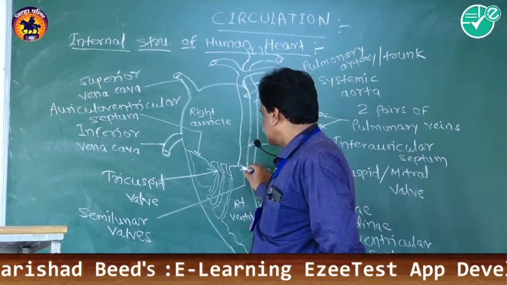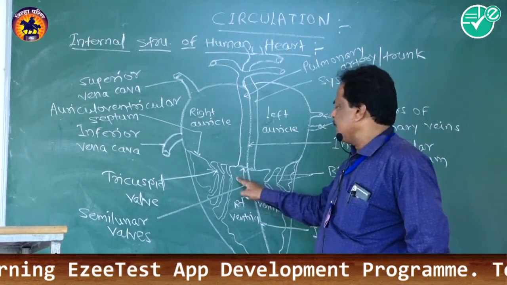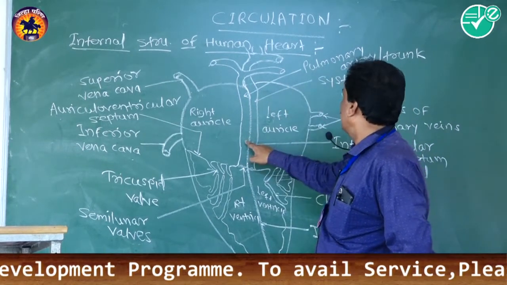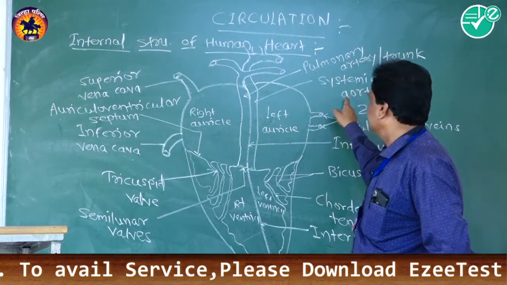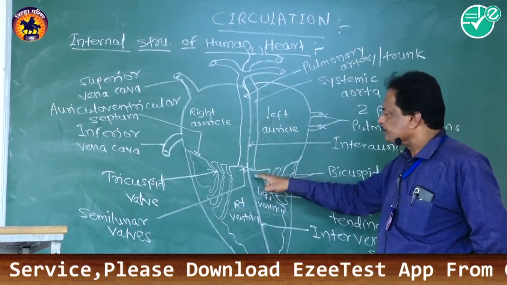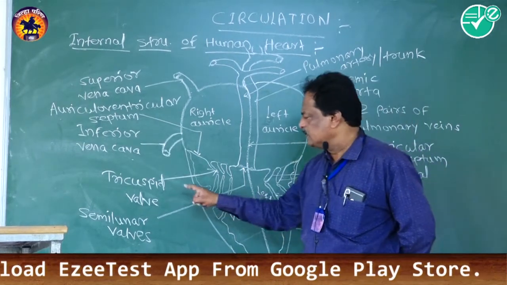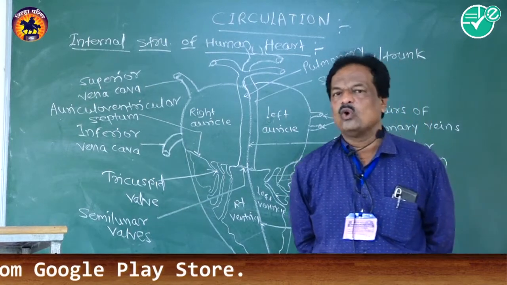Semilunar walls also prevent the backward flow of blood from the pulmonary artery to the right ventricle and from the systemic aorta to the left ventricle. Means the role of the walls is to prevent the backward flow of blood.